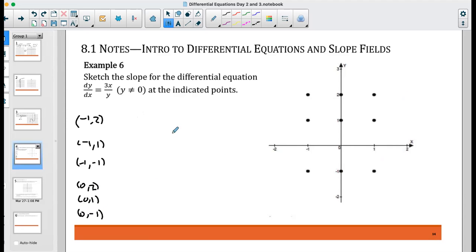And then I also have (1, 2), (1, 1), and (1, -1). The question is, for each of these points, what is the slope of this curve going to be equal to? The slope is given by this expression, 3x over y. So if I do 3x over y for this one, 3 times -1 over 2 is -3 over 2.